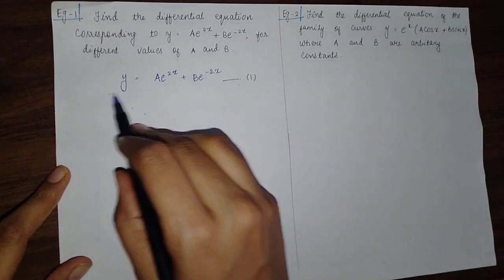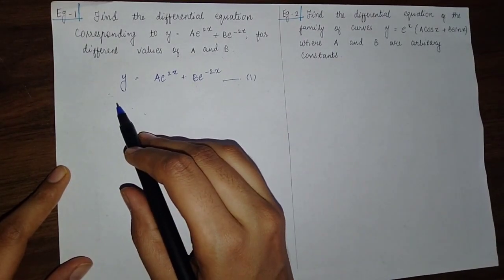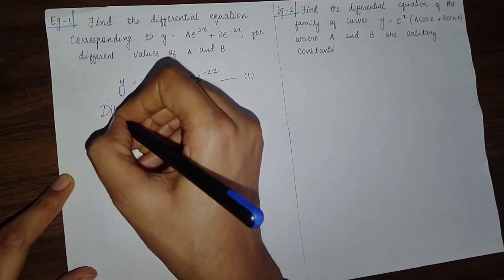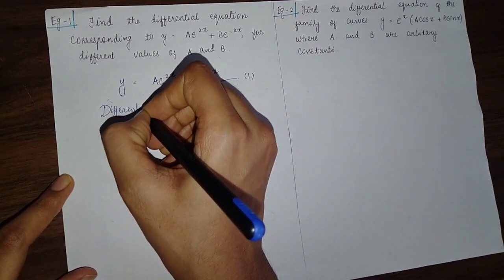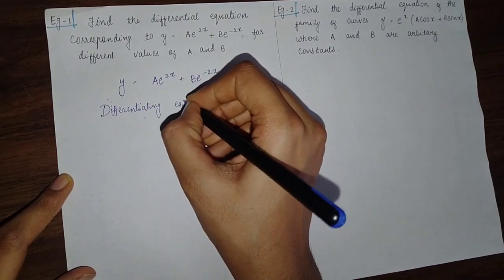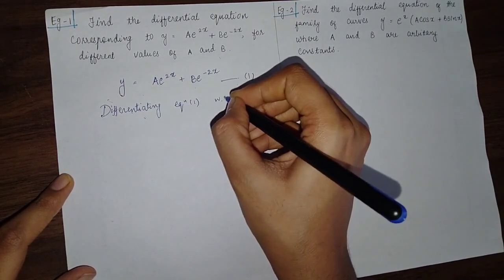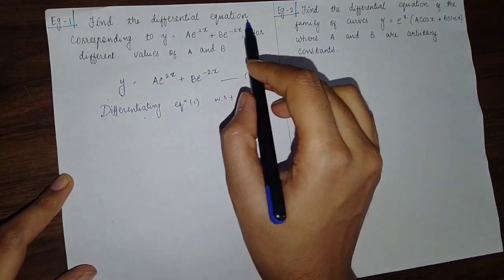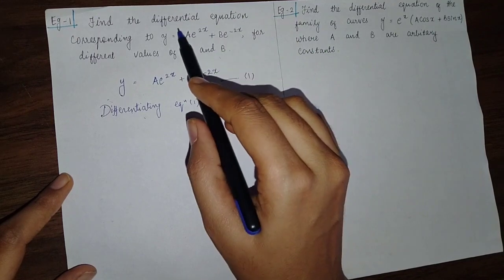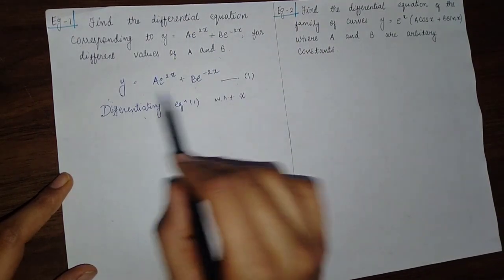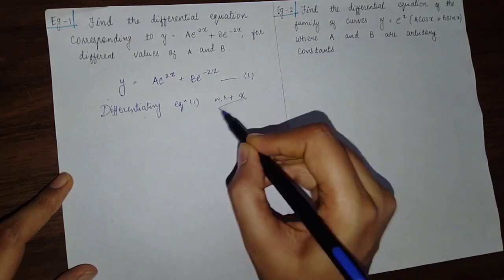Now we will differentiate this equation with respect to x. So, differentiating equation 1 with respect to x. Whenever you are asked to find a differential equation, your first step is to differentiate the given equation with respect to x.